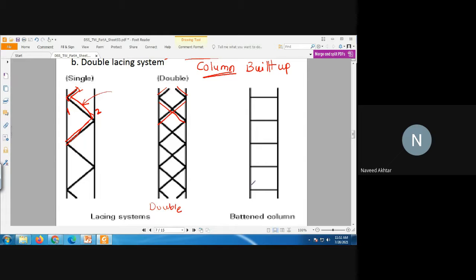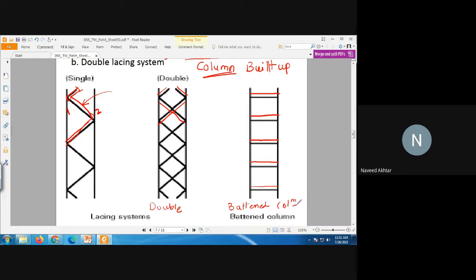And if you connect the two columns with horizontal bars only, horizontal flats, or it may be angle sections only, then these columns are called battened columns.